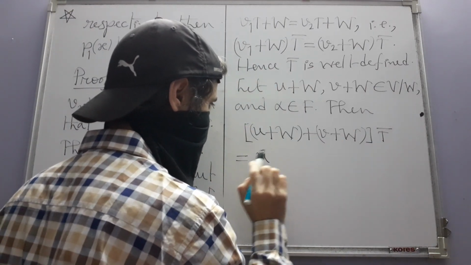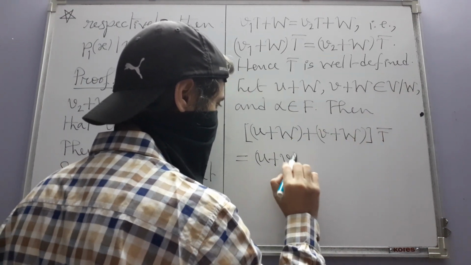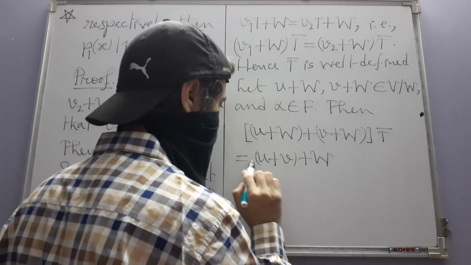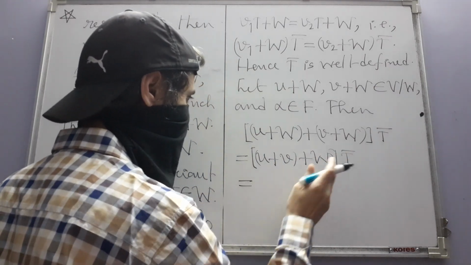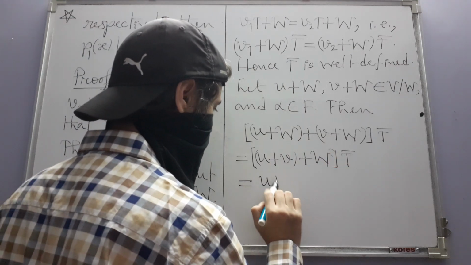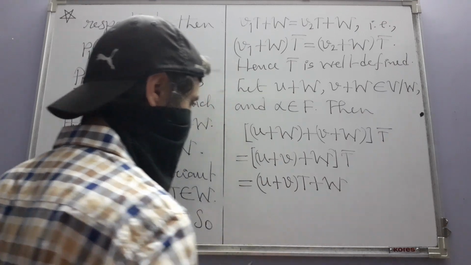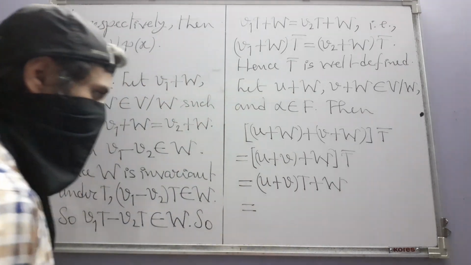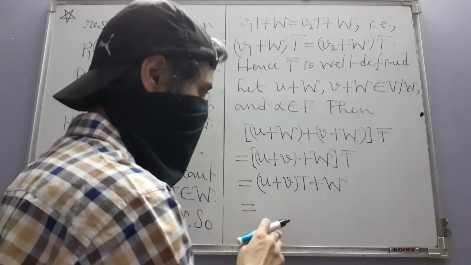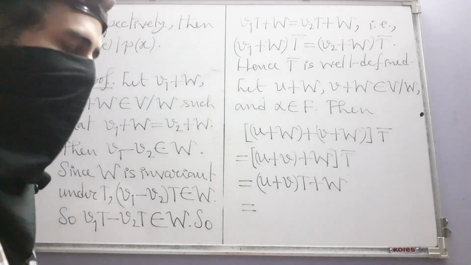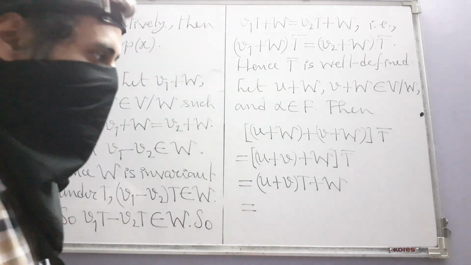So by the definition of addition in this space, this is U plus V plus W. And on this coset we are going to apply T bar. By the definition of T bar, this is (U plus V)T plus W. When you go through this kind of abstract calculations, it's very easy to make mistakes which ultimately lead you to write something which is completely meaningless.